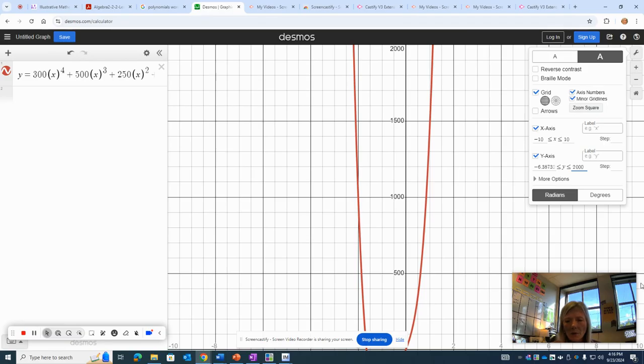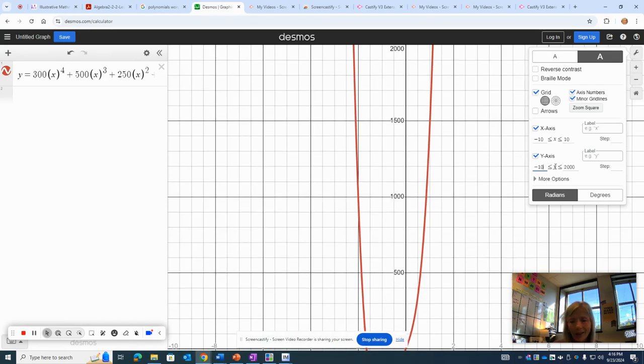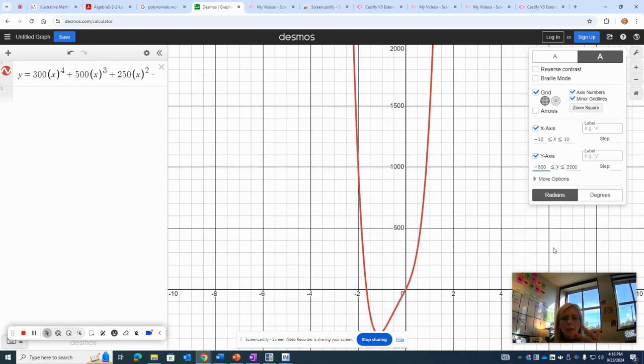But maybe I'll start at like negative 100 so I can see. Oh, actually, I'm going to go to negative 500 because I can't really see in that part of the window. Okay. So now I can see, it's going to be between like 0 and 2.